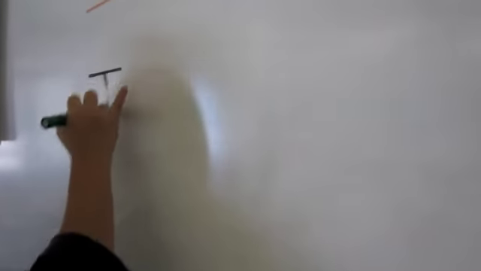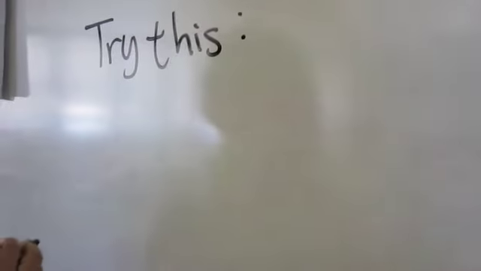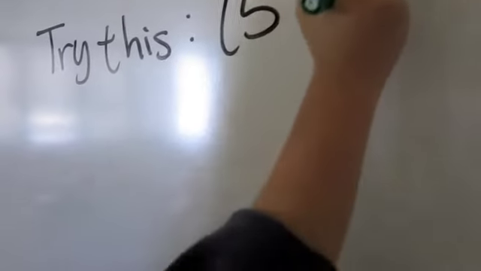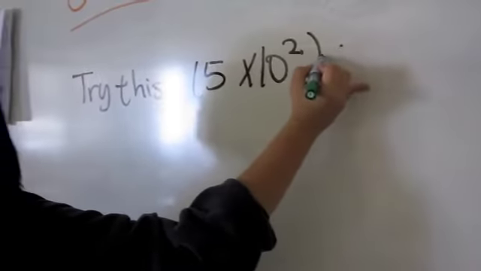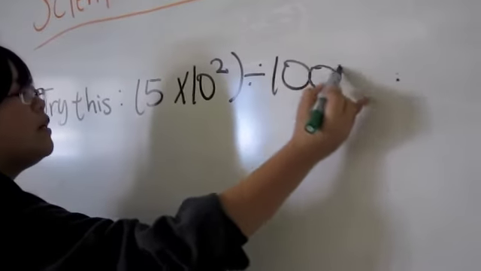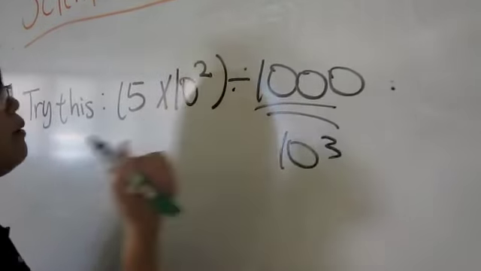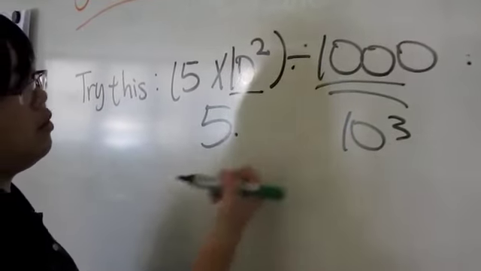So now that you've learned that, why don't you try this? Okay, so it's 5 times 10 to the 2nd power divided by 1,000. So please remember that 1,000 is 10 to the 3rd power, right? So 5 we'll put aside since 10 to the 2nd power and 10 to the 3rd power are similar.